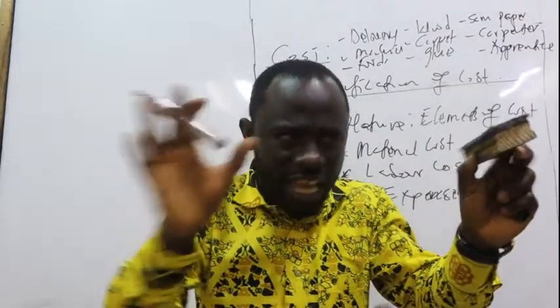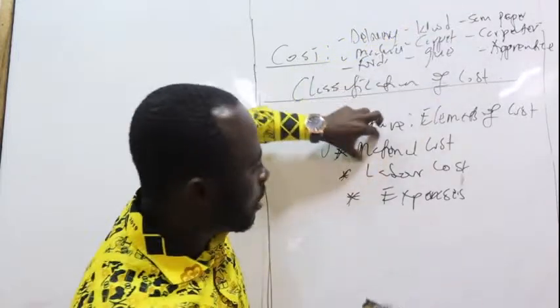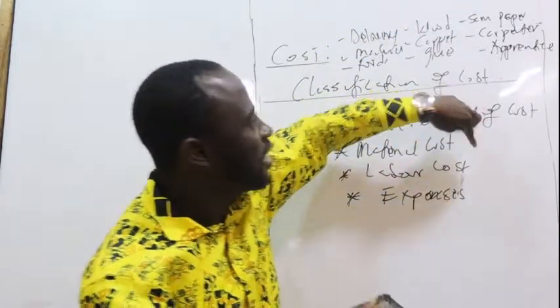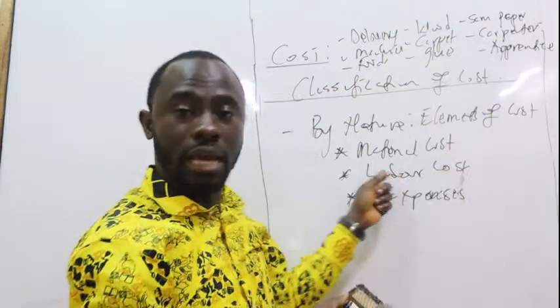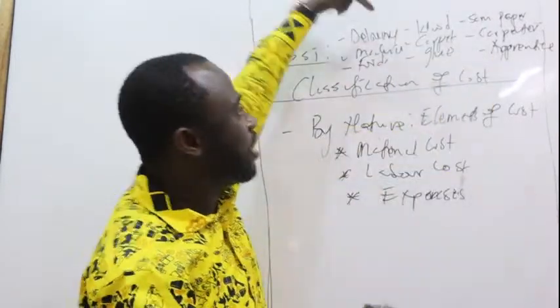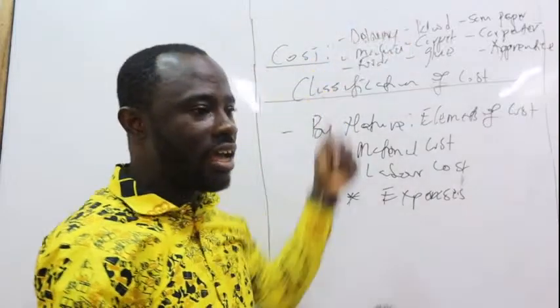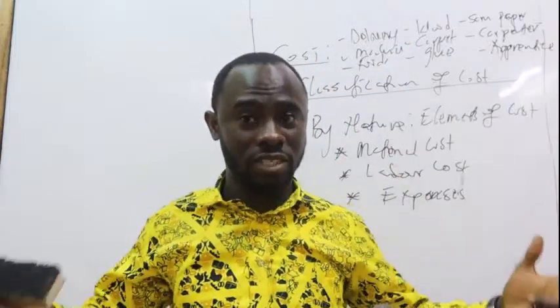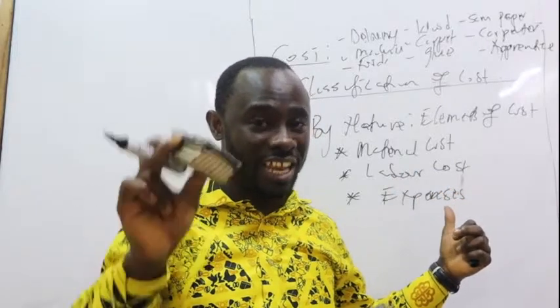What are we saying? The wood, carpet, glue, sandpaper are material costs. What we give to the carpenter and his apprentice, labor costs. Any other thing that we pay, like the delivery, machines, electricity, food, all that are classified as what? Expenses. We good?